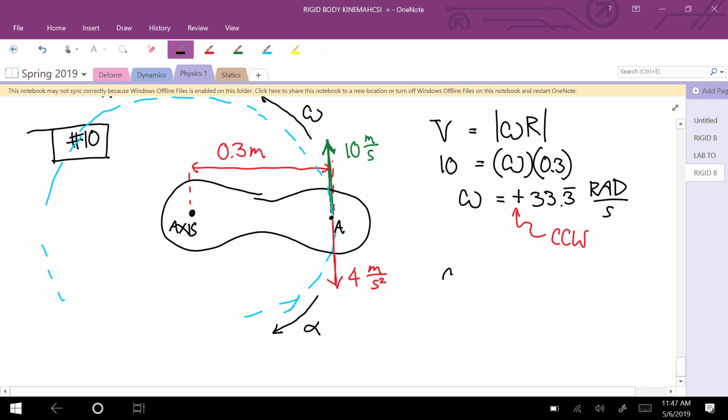And then the magnitude of the tangential acceleration is the absolute value of alpha times the distance from the axis of rotation to the point. That says 4 is equal to alpha times 0.3.